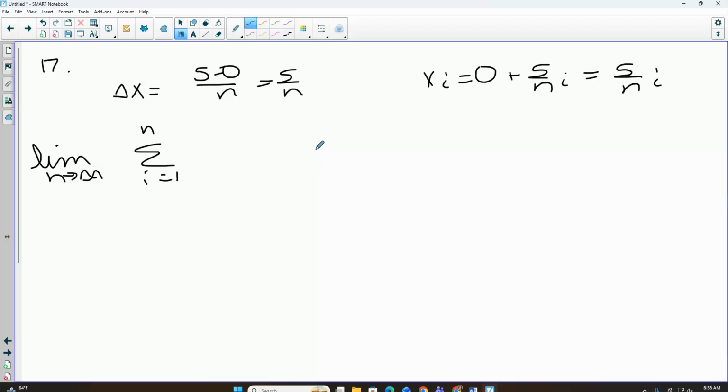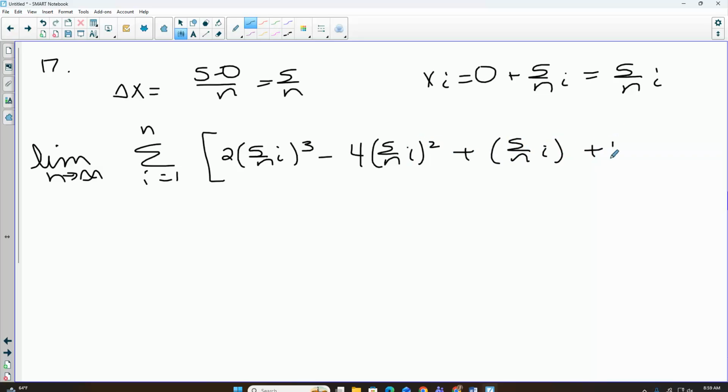Okay, so if I plug into my function, my x gets replaced with the x sub i. And dx is our change in x.